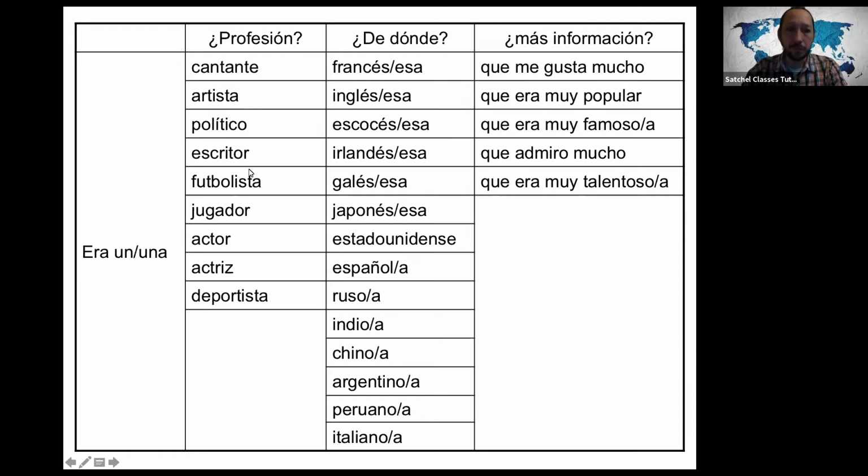Now, all of these professions, we use them with different people, of course, but also depending on whether they're masculine or feminine. I have given you some professions that do not need the difference because the word works for both. For example, cantante can be either masculine or feminine. Artista, masculine or feminine.